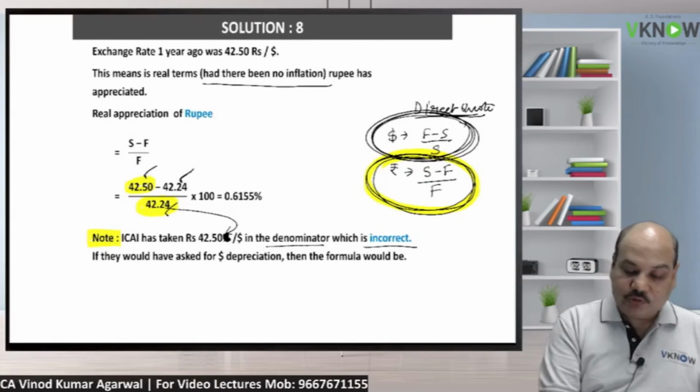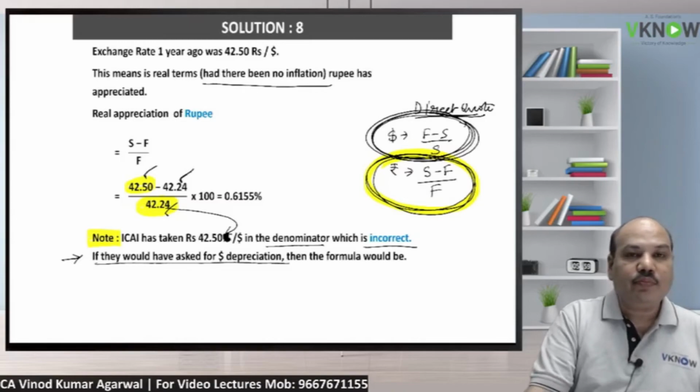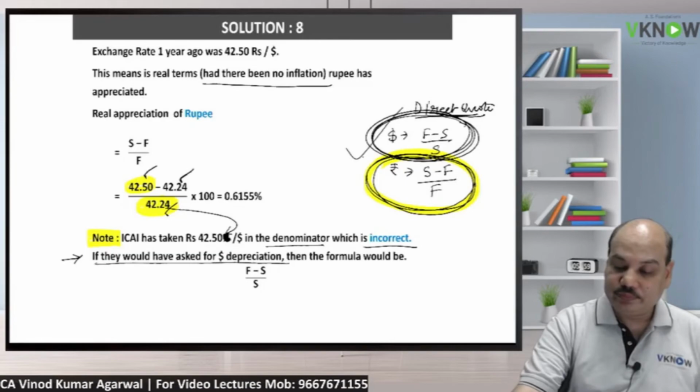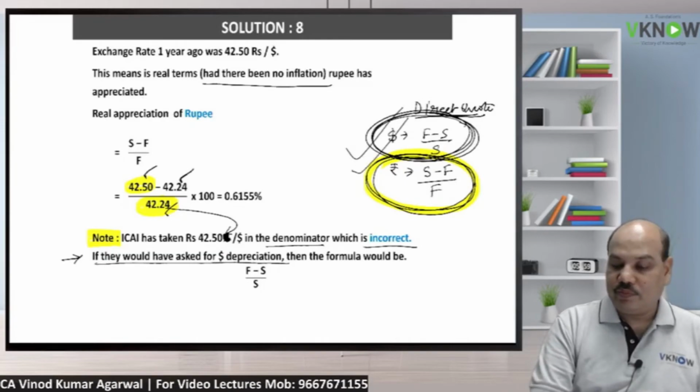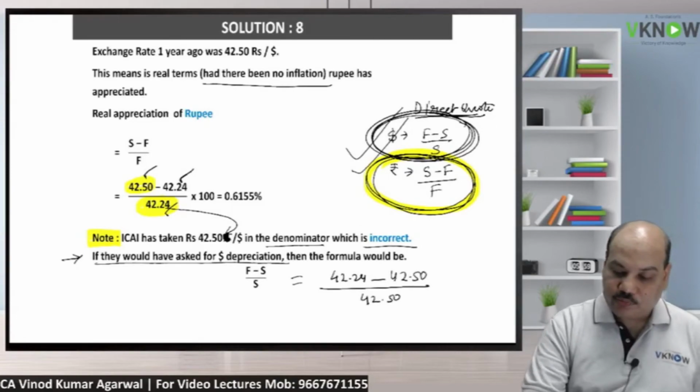Now, one extra thing I am discussing here, which is beyond the question. Suppose in your exam they change the question and ask for dollar depreciation, then the formula would be F minus S upon S, and your answer would have been 42.24 minus 42.50 divided by 42.50.